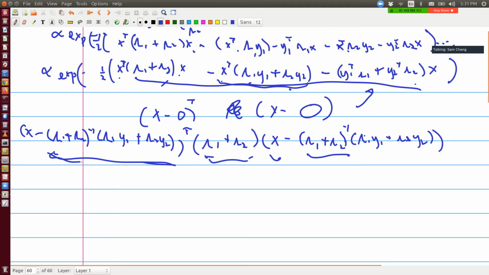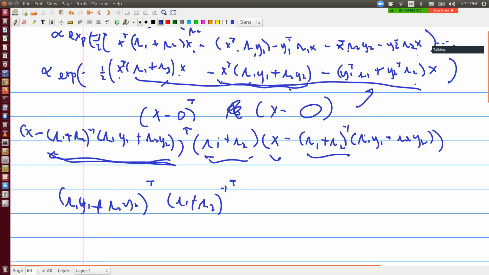Because this one has a transpose, it becomes lambda 1 plus lambda 2 inverse transpose. Inverse transpose is still itself, because lambda 1 and lambda 2 are symmetric. And lambda 1 y1 plus lambda 2 y2 transpose. I think I'm missing a transpose here.